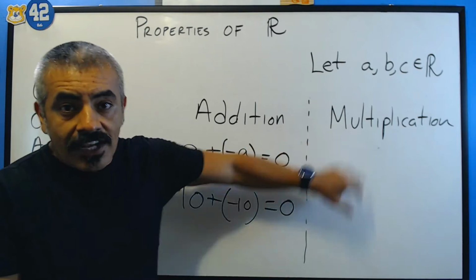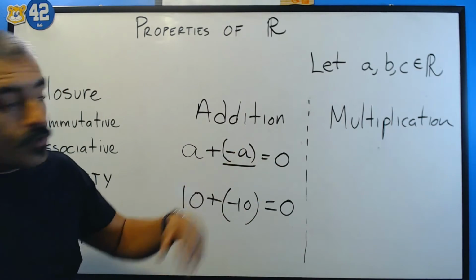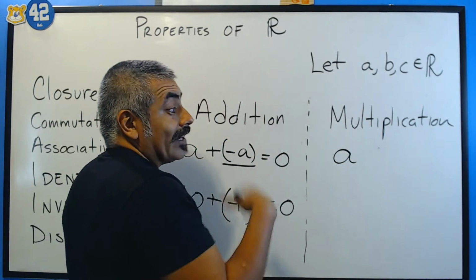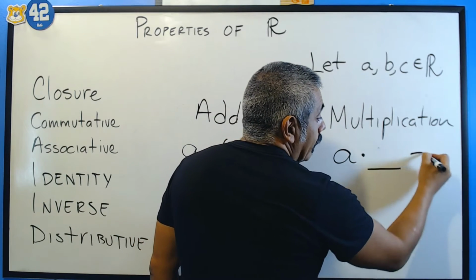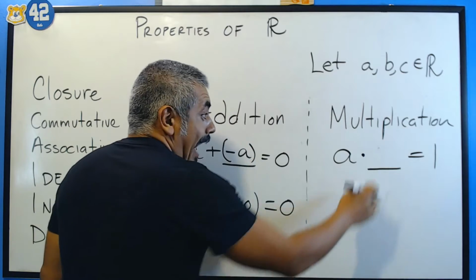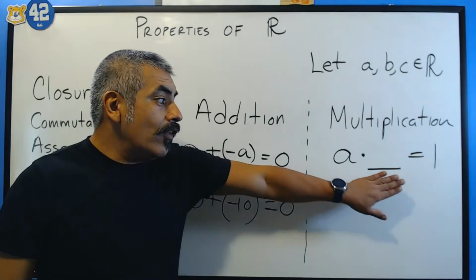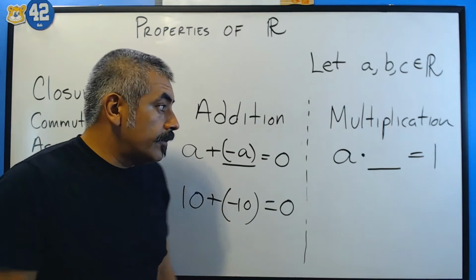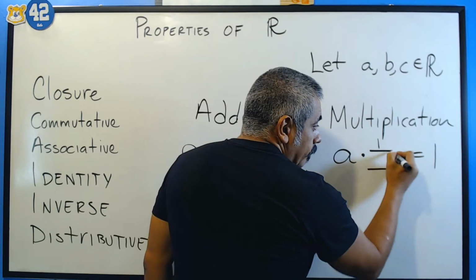On the other side over here, there exists a multiplicative inverse of a. For every real number a, there exists some number that whenever I multiply it by a, I end up getting 1. Okay, that is the inverse property of multiplication. And we call this number the multiplicative inverse, or the reciprocal. So we already know that the reciprocal of a is 1 over a.